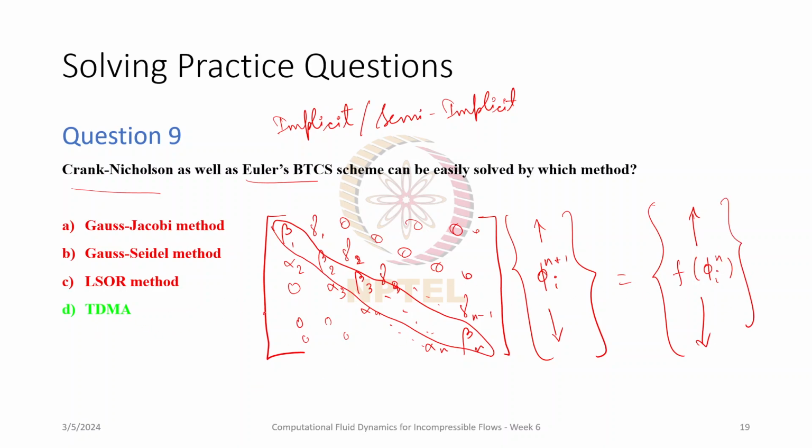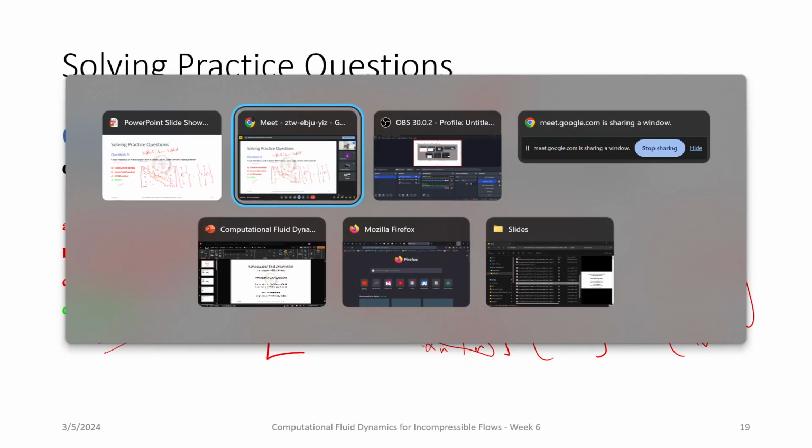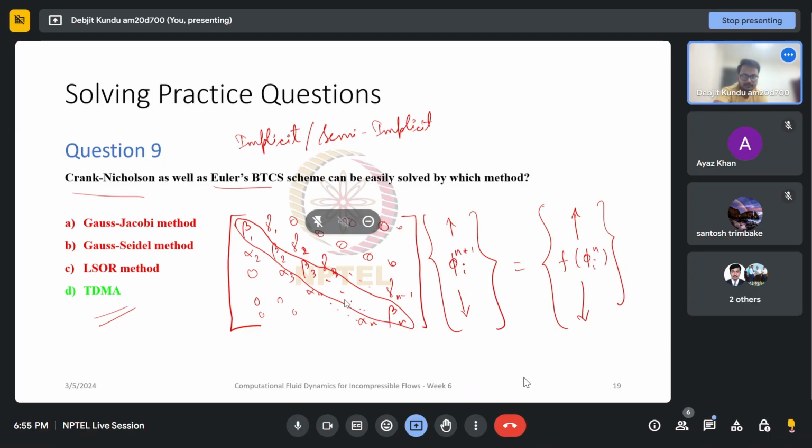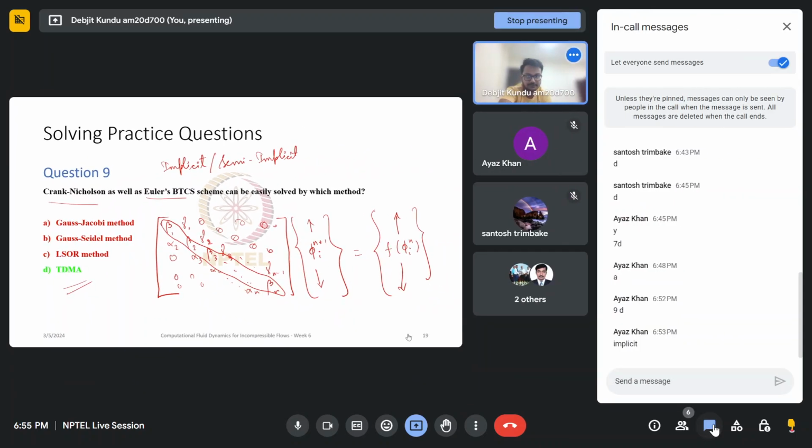And we saw that these forms of equations, in which the matrix coefficients can be resolved into three diagonals, then a tri-diagonal matrix, the Thomas algorithm can quickly solve this. Okay, so that's why option D would be the correct answer.